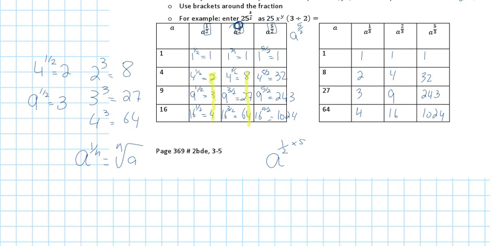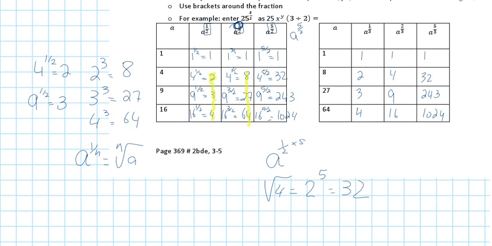So I'm square rooting the a first, and I'm raising it to the power of 5. So 4, what's the square root of 4? Square root of 4 is 2. Then raise the 2 to the power of 5. What do you get when you raise the 2 to the power of 5? You should be getting 32. Is that what you got?